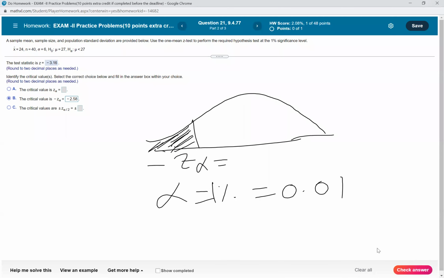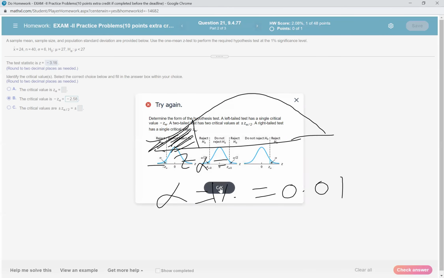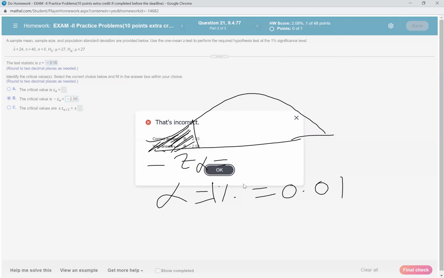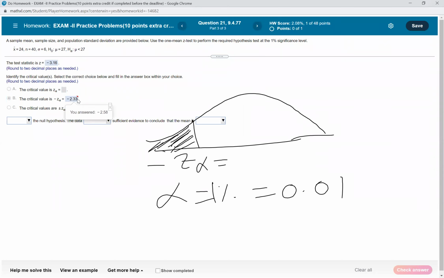Yeah, that's not correct. Actually, you need to find it from the z table. Yeah, this is negative 2.33. If you look at the z table, you will get negative 2.33. I think negative 2.576 is when alpha is 0.005, I guess. Okay, anyway, we have the critical value.